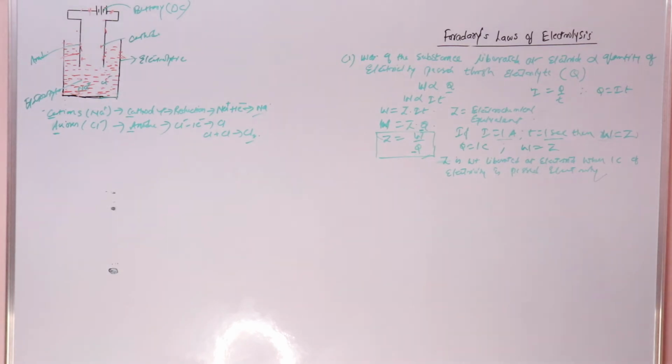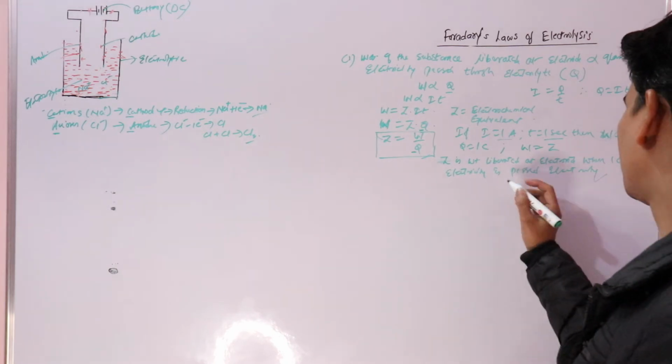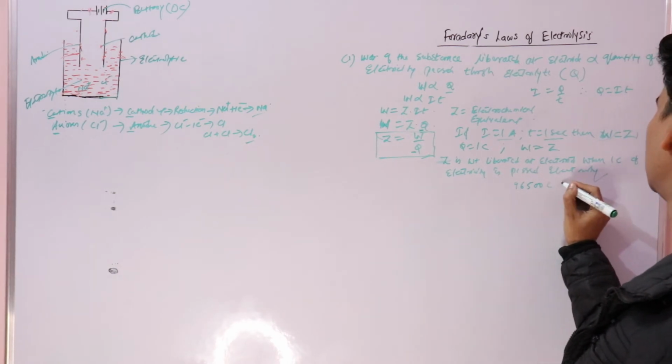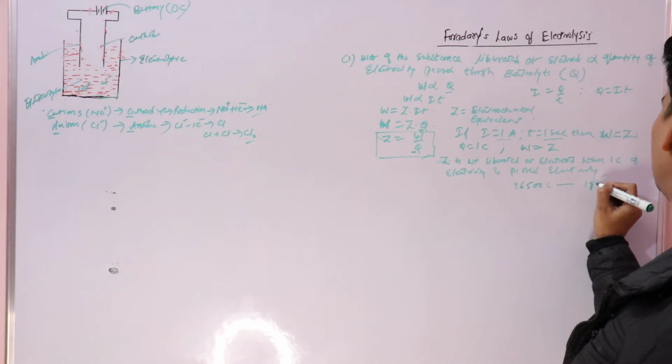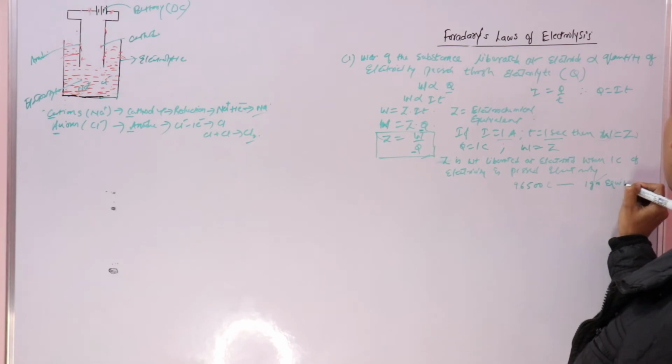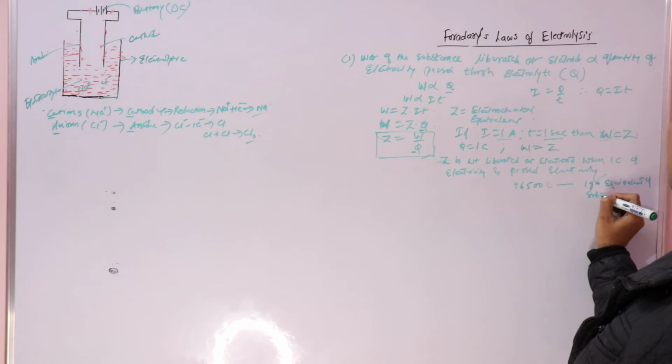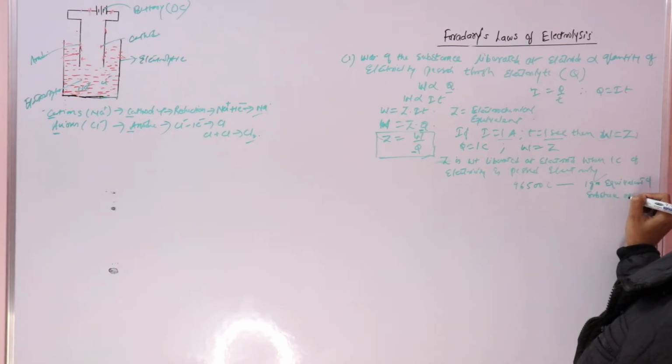So if I pass 96,500 coulombs of electricity, I get 1 gram equivalent of substance at electrode.